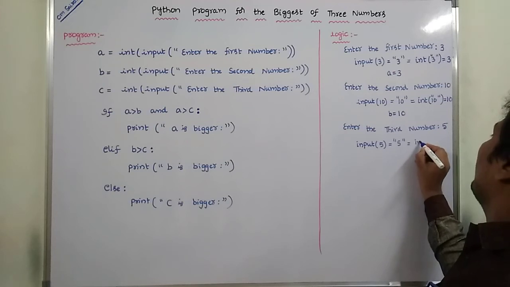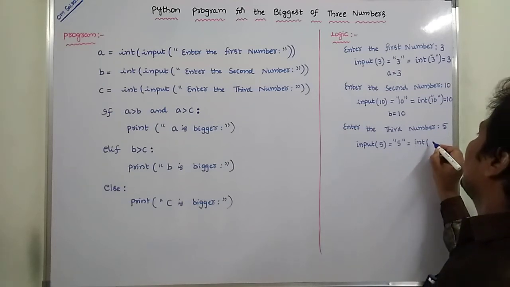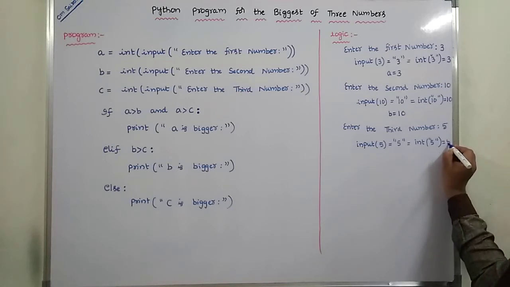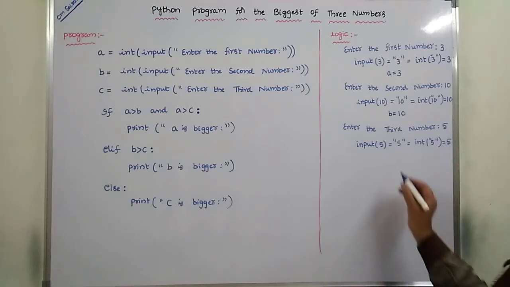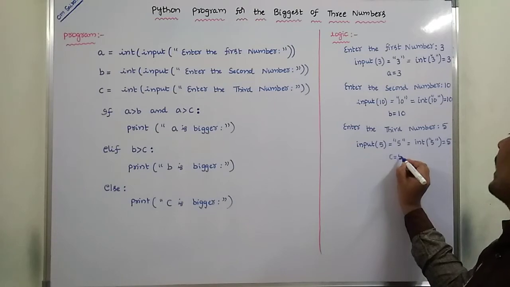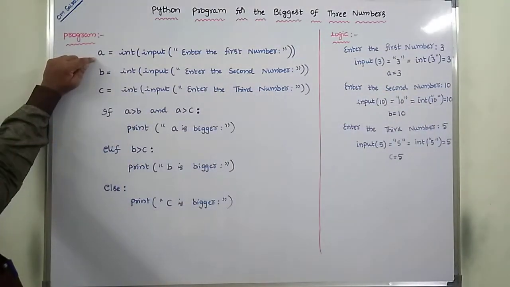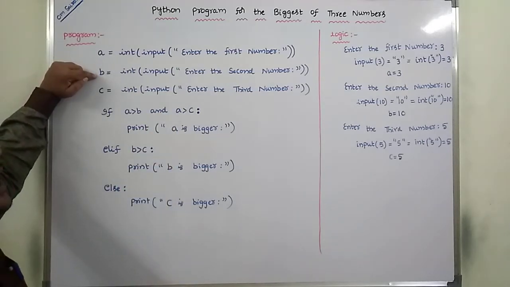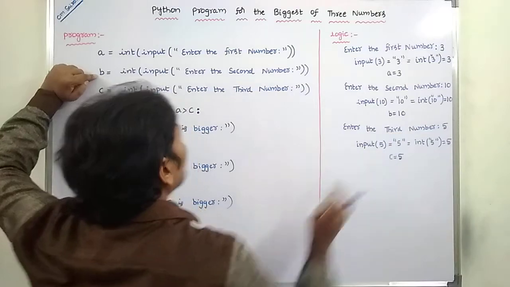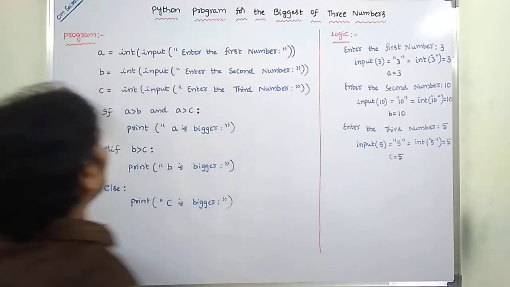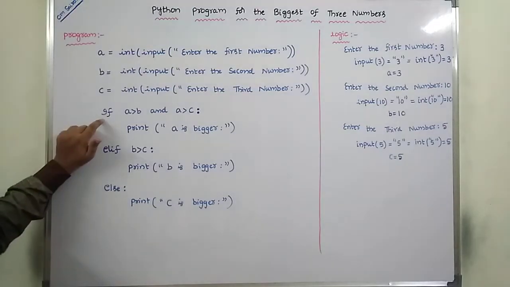This string is typecasted by int and it returns integer 5. So now c is equal to 5. So the a value is read from the keyboard, that value is 3. The b value is 10. The c value is 5. Now go to this step.